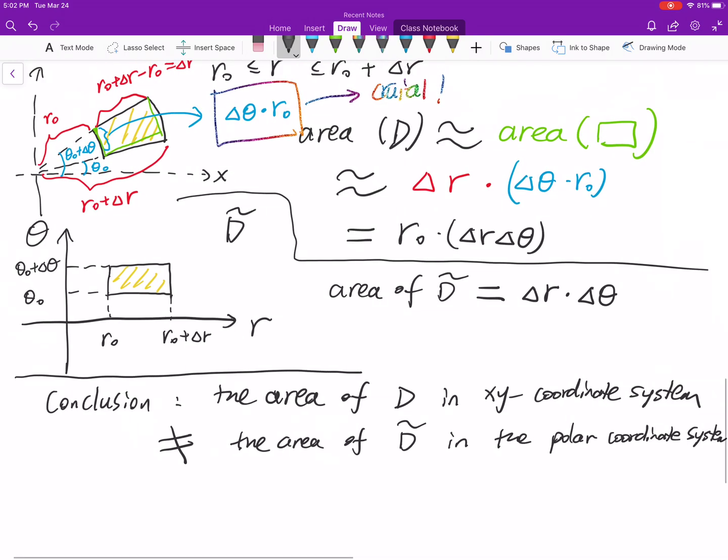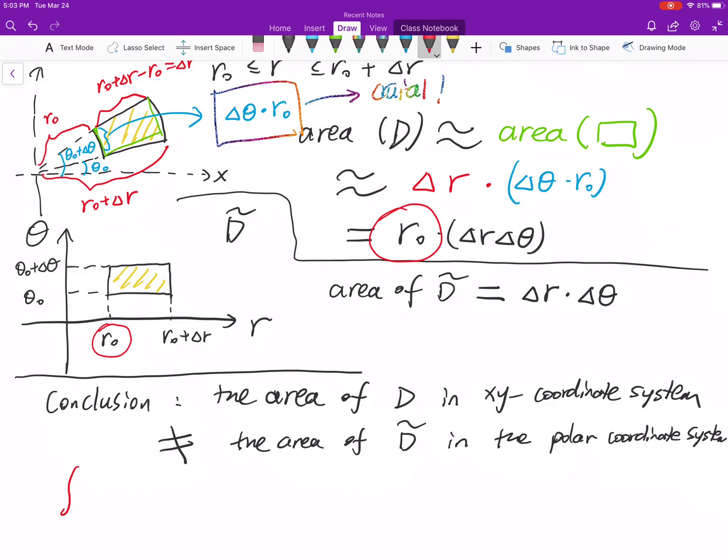If you look at the factor here, this exactly is the radius of the small rectangle, the radial part of the polar coordinate.